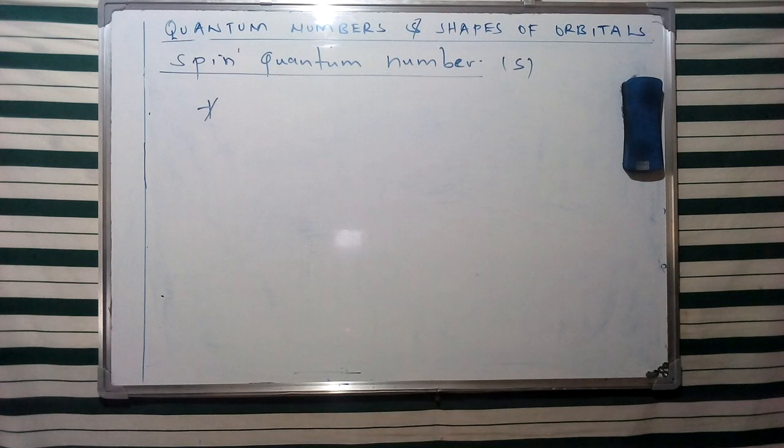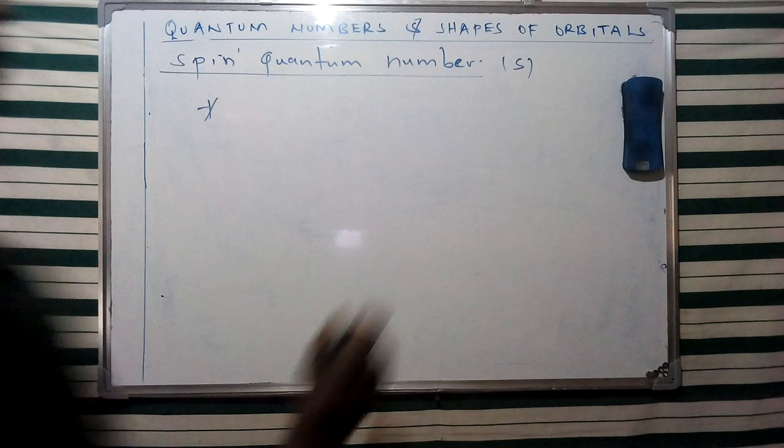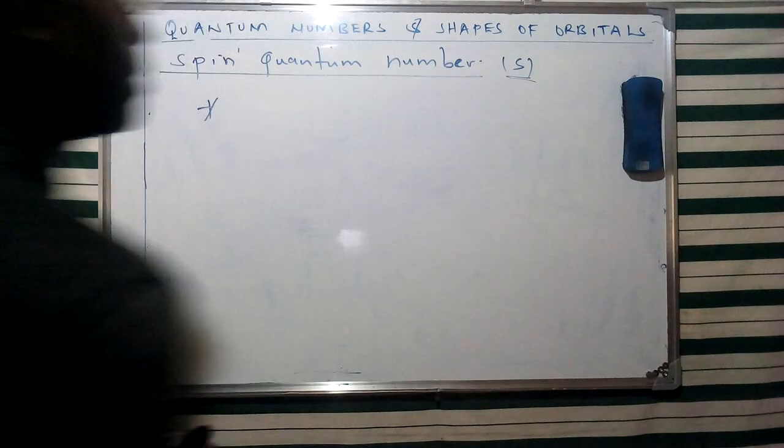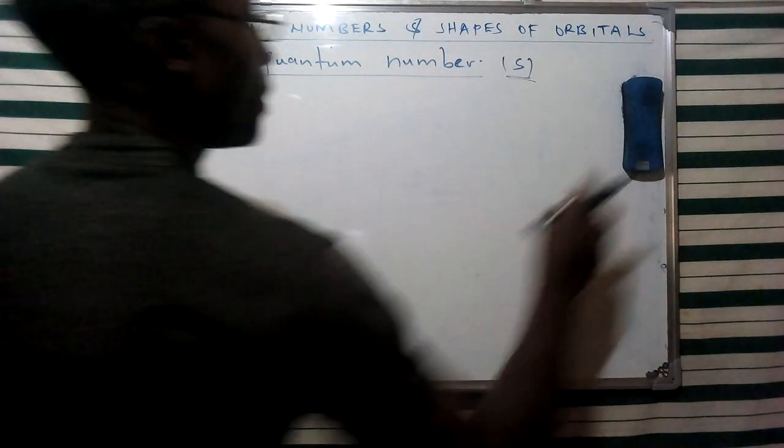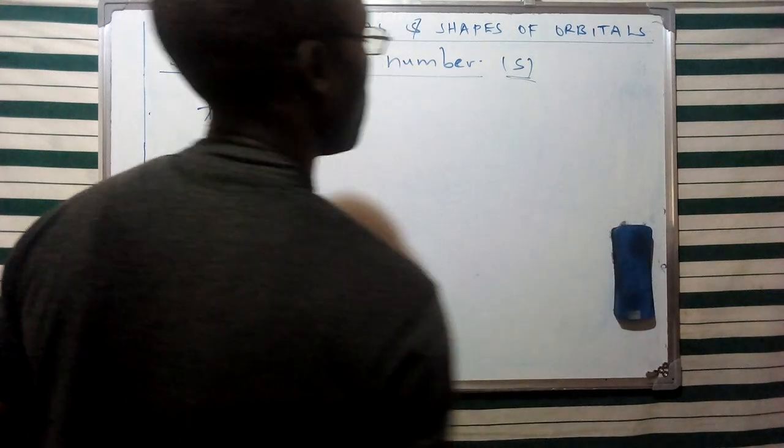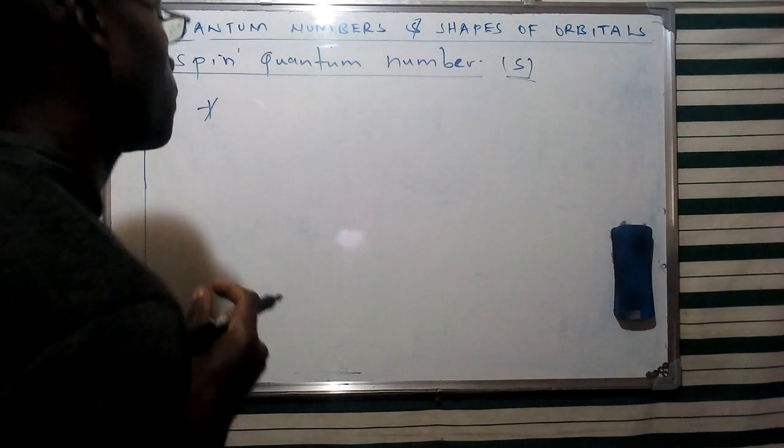We're going to explore the relationship between the two, so that in case we come across them in our various discussions, it's going to be easier for us to represent them. As I've said, this was described by Uhlenbeck and Goudsmit, and it was designated using the letter S. From our previous discussion, I've given an algebraic representation for various quantum numbers.